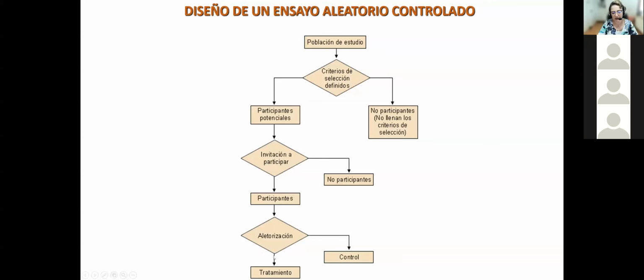And then we have a randomization when it's a clinical trial, or they can be randomized to one or the other alternative. When I have a randomizing process, I do that to avoid biases in assessing the outcome variables. If I do that, we're talking about an experimental study. But if I don't do this randomized assignment of the intervention and only do the intervention, then I have an interventional study, because I'm not doing a controlled randomized assignment of the intervention.